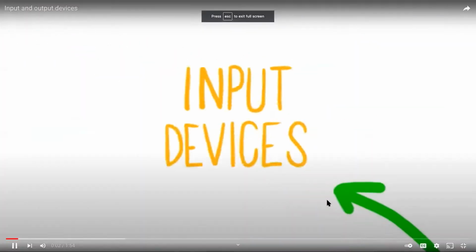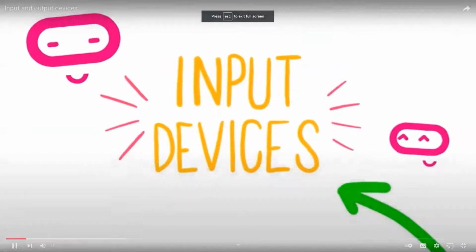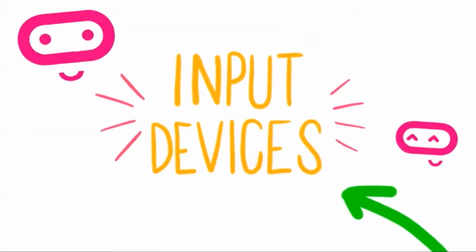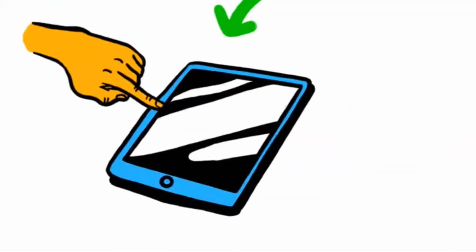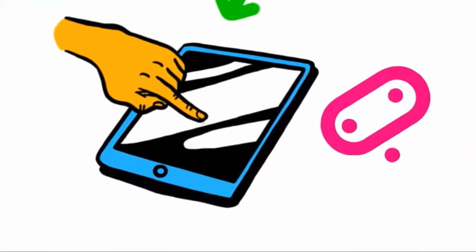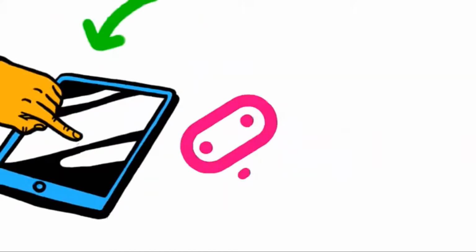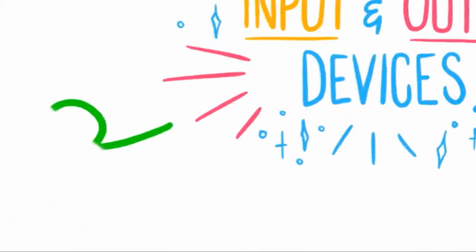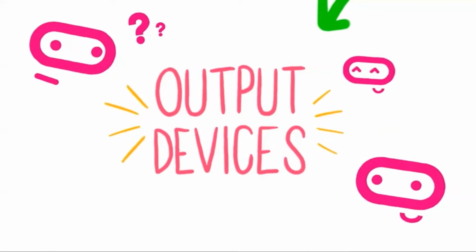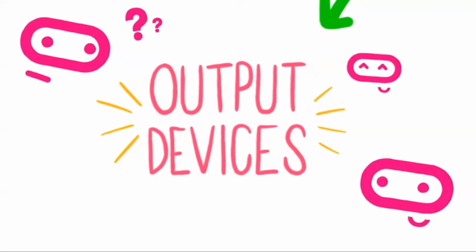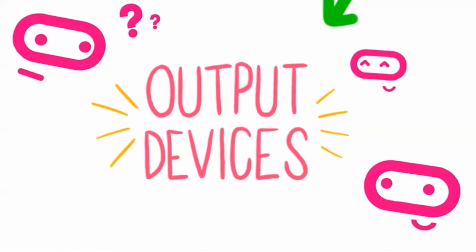An input device is any piece of hardware that allows us to send data to a computer. So, if you type a message on a keyboard or touch a screen to make something happen, you are using an input device. An output device, on the other hand, is any piece of hardware that allows a computer to communicate information to us.